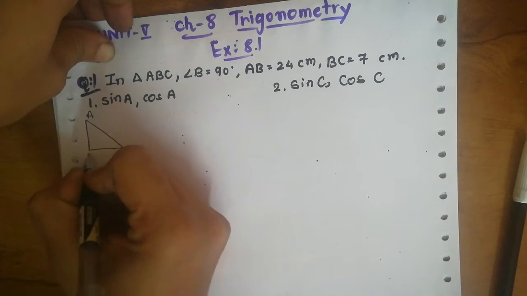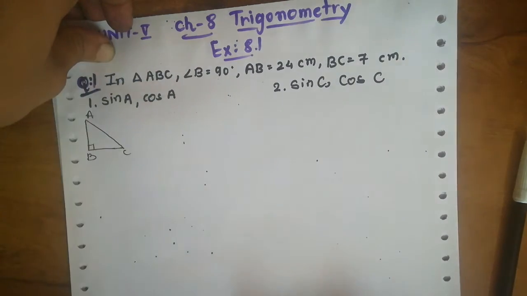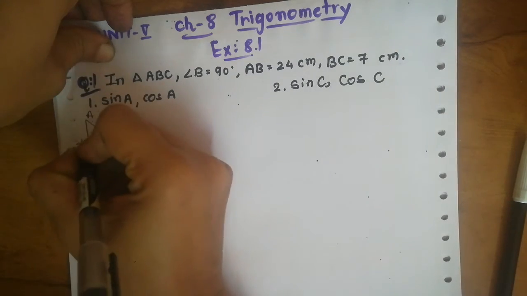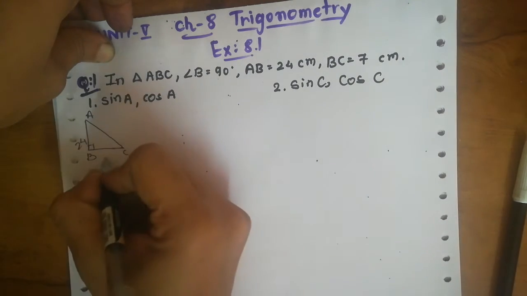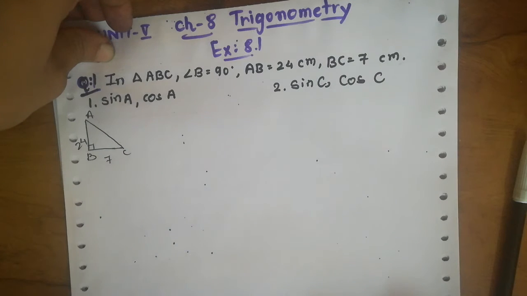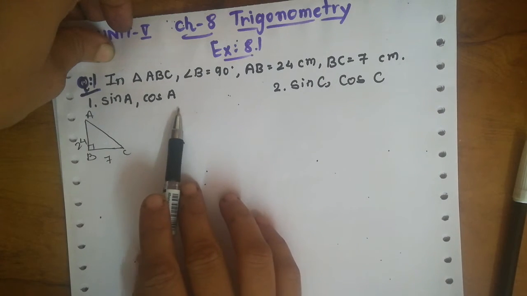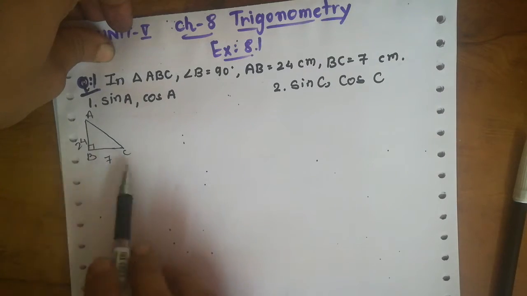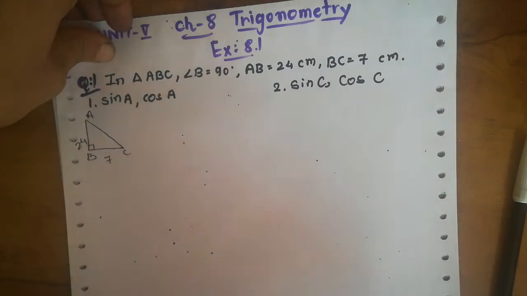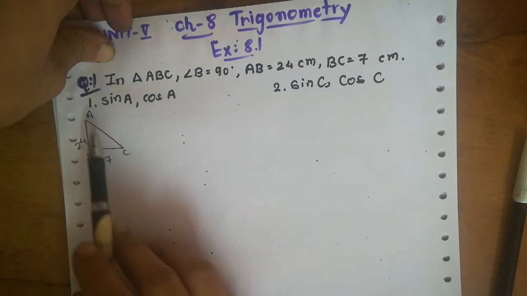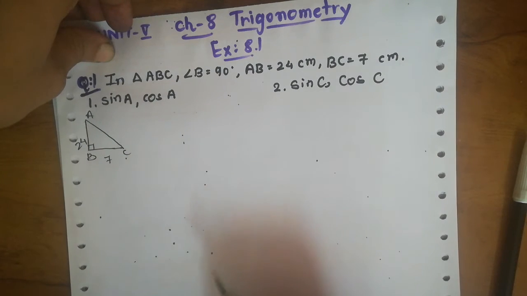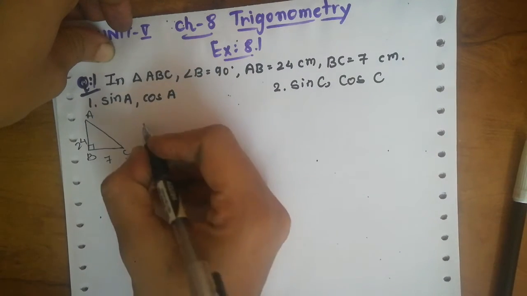So triangle ABC, angle B is 90 degrees, AB is 24 and BC is 7 centimeter. First of all, for any trigonometric function, to find the ratio we need all the sides of the triangle. Here we have AB and BC, but what about AC? Let's find it by the Pythagoras theorem.